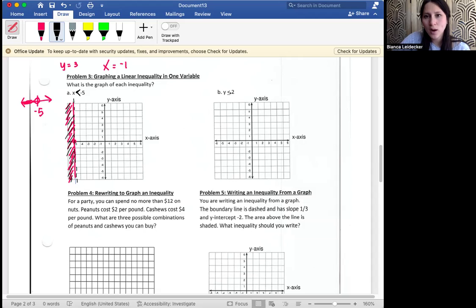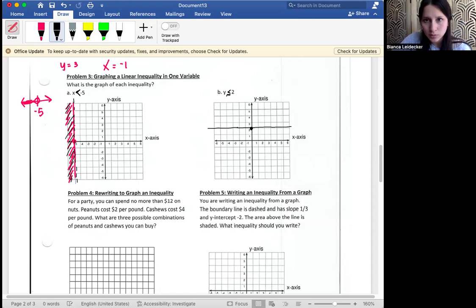Okay, so then if you have y is less than or equal to 2, that means it's cutting through +2 on my y-axis. And the only way it's cutting through +2 on my y-axis without cutting through any other point on my y-axis is if it's a horizontal line. And it is a solid line because it is a less than or equal to.